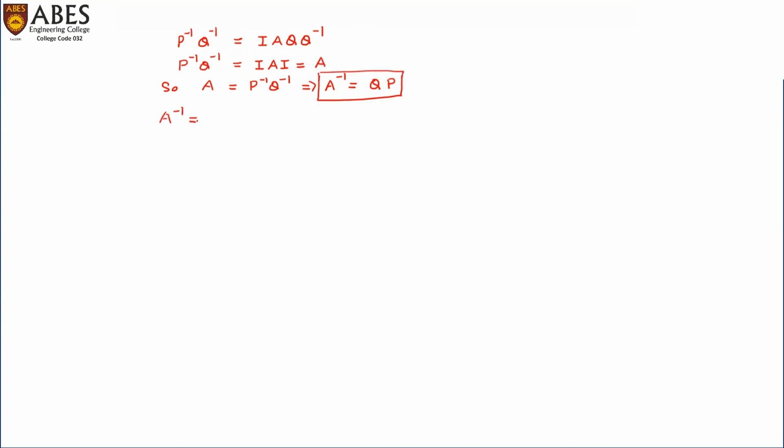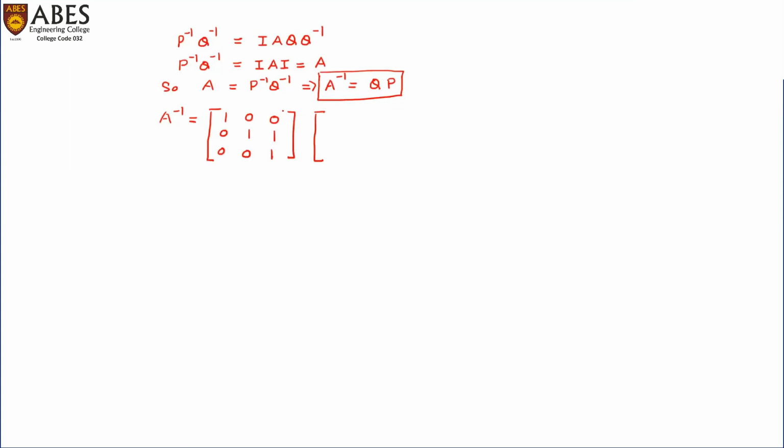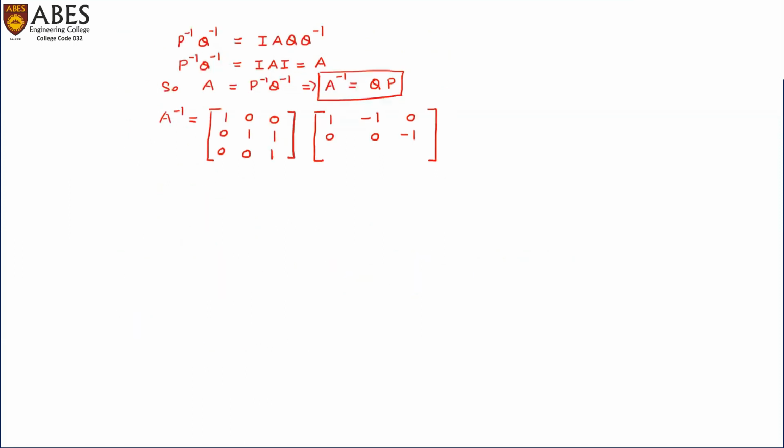So A inverse is equal to Q, which is 1 0 0, 0 1 0, 0 1 1, times P, which is 1 minus 1 0, 0 0 minus 1, minus 2 3 minus 3.